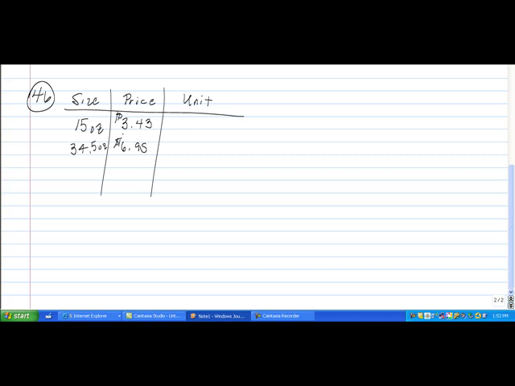So the price per ounce is 22.9 cents per ounce. I got 0.22866 and so forth. What I did was convert it into cents rather than dollars. It started out as dollars.